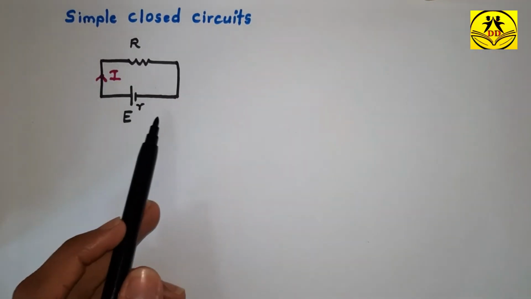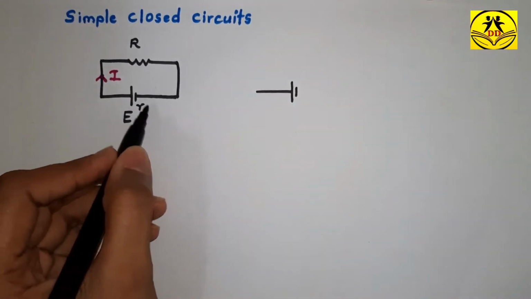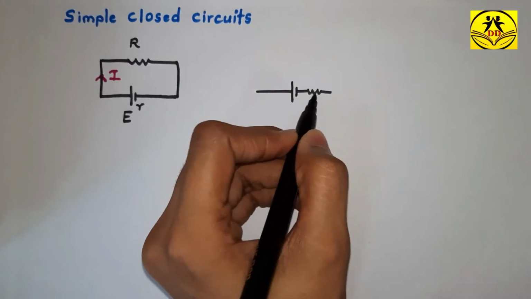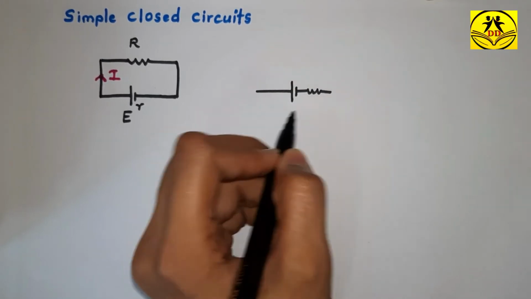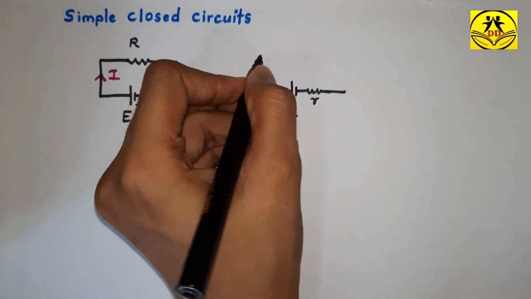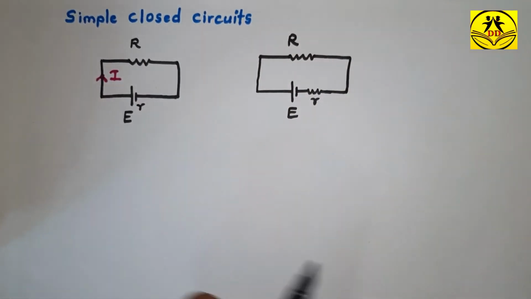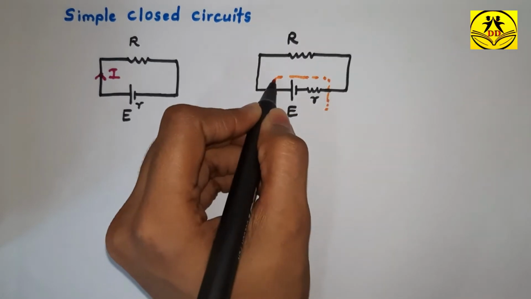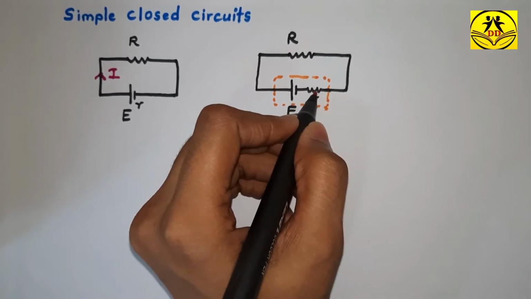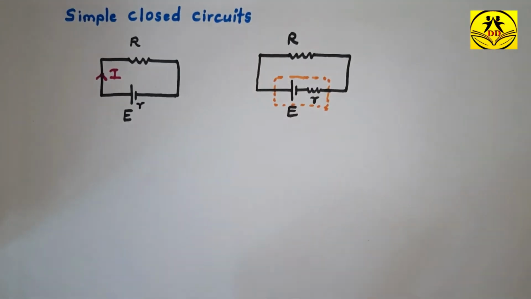I'll draw this same circuit like this now. What I'm doing here is taking the internal resistance of the cell as a small resistor externally. It's still the same thing. So this is r, this is E, and this is the external resistor, capital R. We consider this entire thing as the cell.